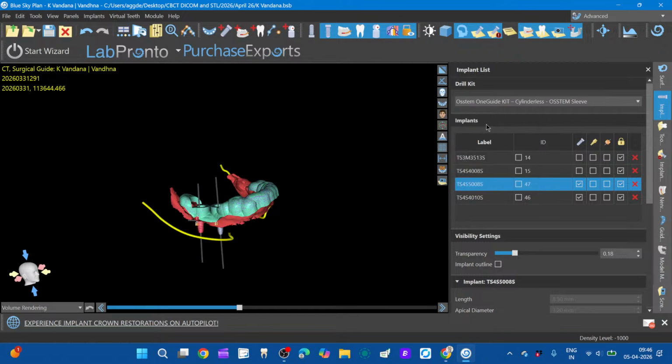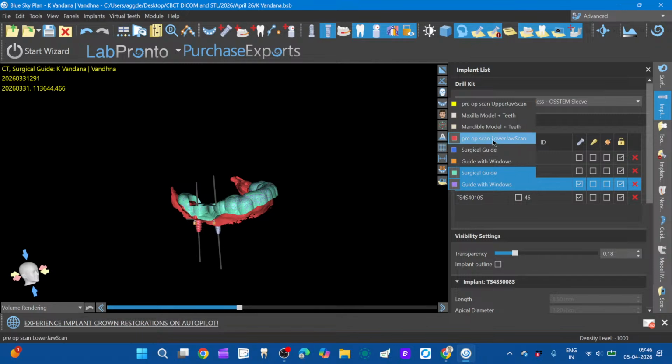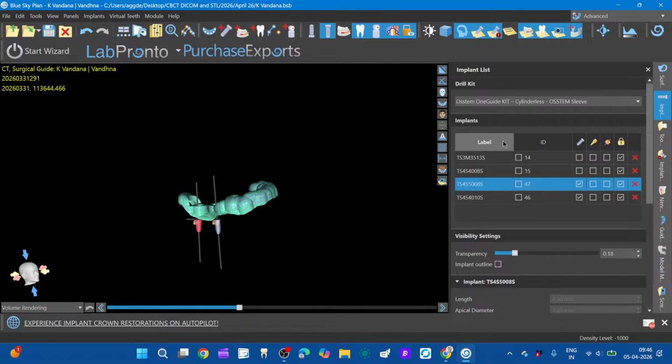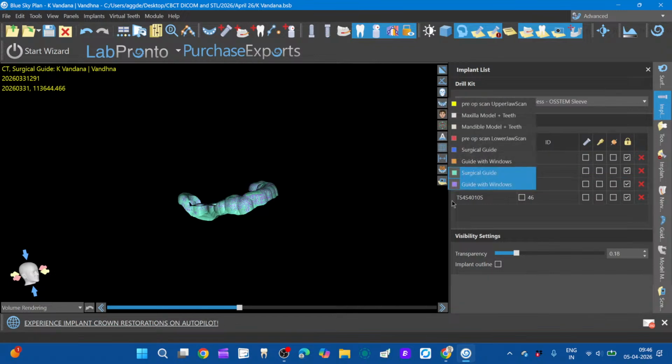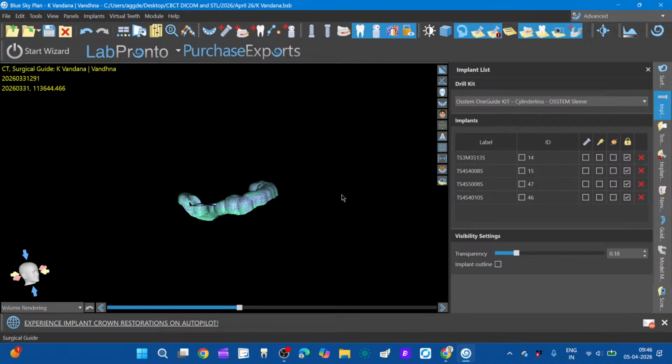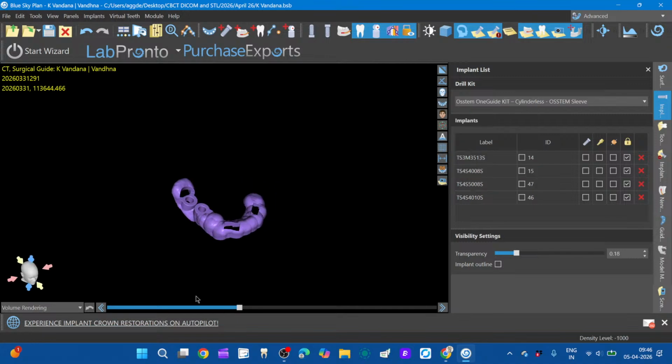Mandible model with teeth we have deleted. Nerves we have deleted. Pre-op scan lower jaw, and you can hide the implant as well. Surgical guide. So this is the guide we have made.